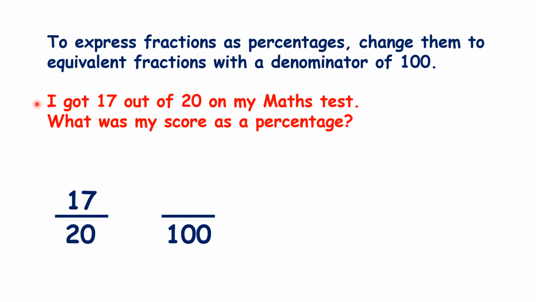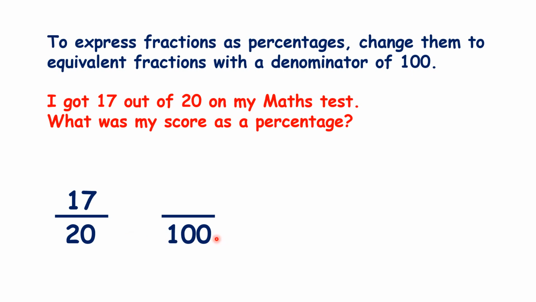So I got 17 out of 20 on my maths test. What was my score as a percentage? Well, 17 out of 20 can be written as 17 over 20, but with percentages, we need a fraction over 100. So we need to find a fraction equivalent to 17/20, which has a denominator of 100.